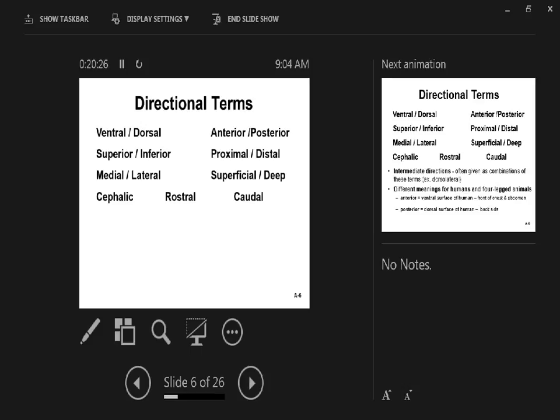Rather, one would describe the elbow as proximal to the wrist. I'll be using these when I ask you the shoulder is what to your elbow, or your elbow is what to your wrist, or your fingers is what to your wrist. You know what I mean? So what would you say? Proximal and distal.